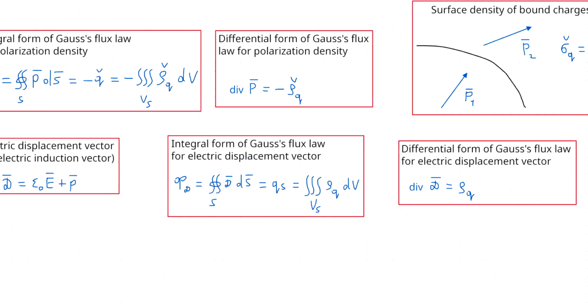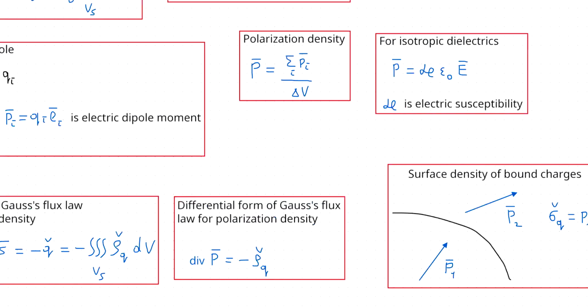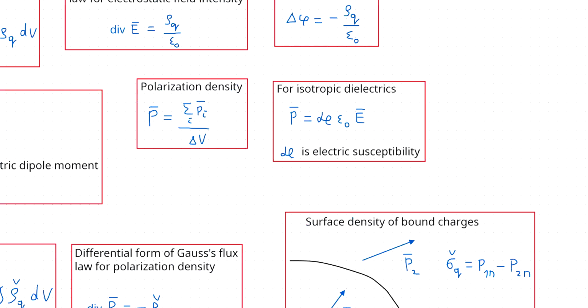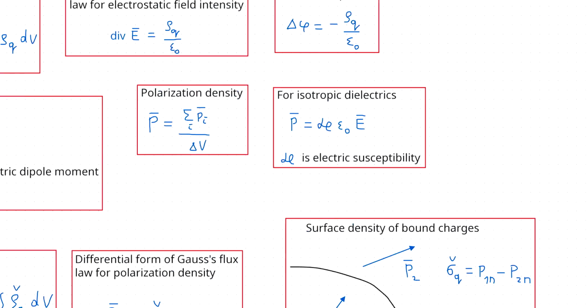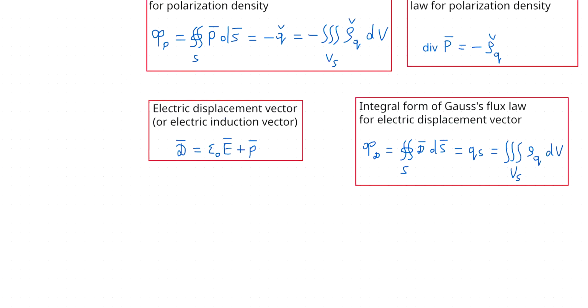And what is the connection between electric displacement vector and electrostatic field intensity? We can remember that polarization density may be written for isotropic dielectrics as kappa epsilon 0 E. Let's substitute this here.